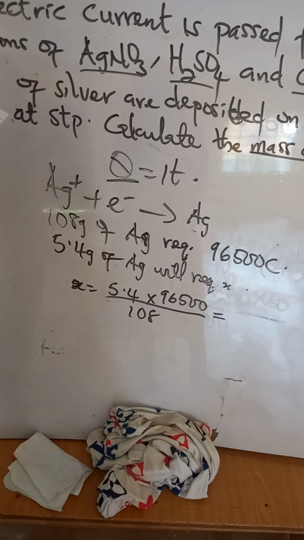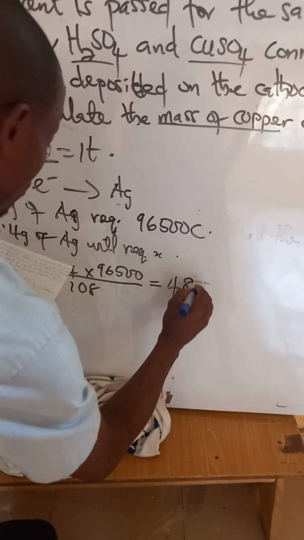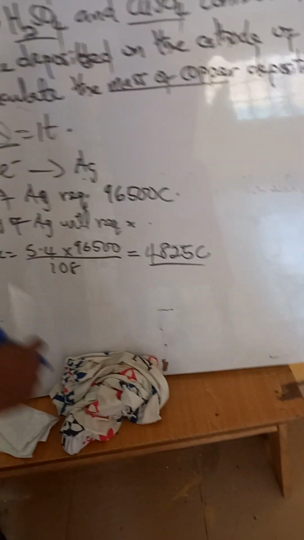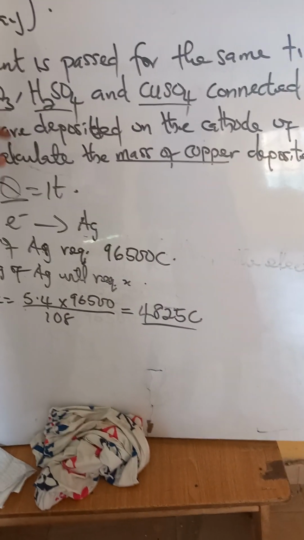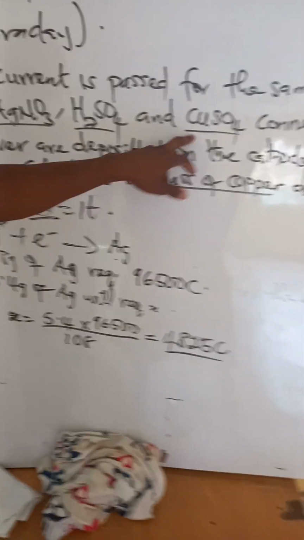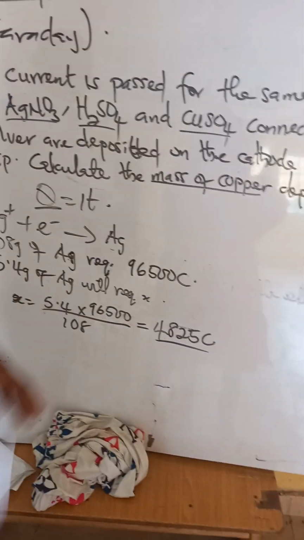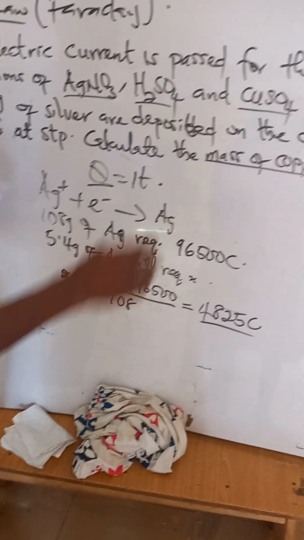When we solve that, we are going to get 4825 coulomb. This is the quantity of electricity that was used. The same quantity of electricity will be needed for H2SO4 and copper sulfate. We can now proceed to solve the question. The question is asking us to calculate the mass of copper deposited.